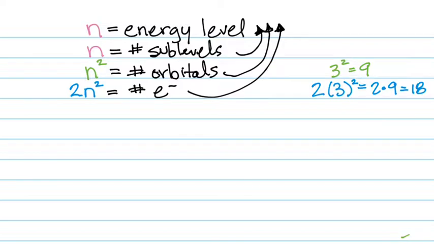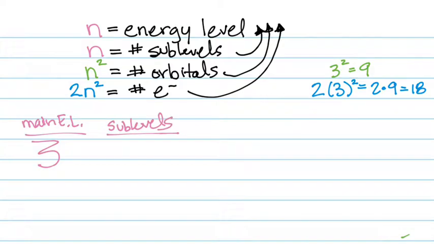If we were to break that down into our SPDF, everything like that, so on the third main energy level, EL for energy level here. The number of sublevels that we have are 3, and those sublevels are the first 3 we talked about.